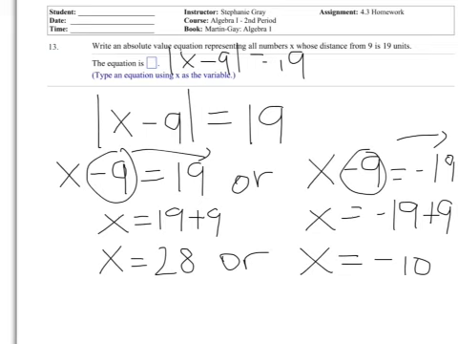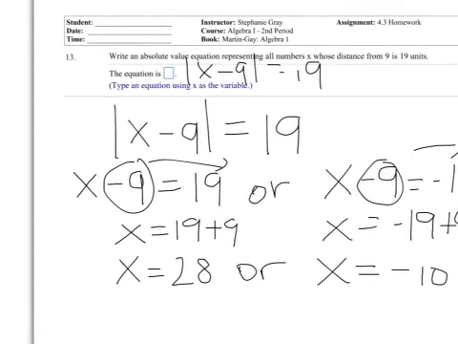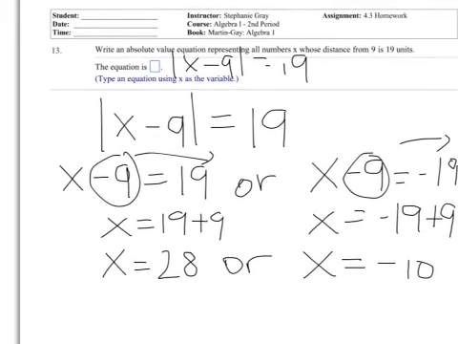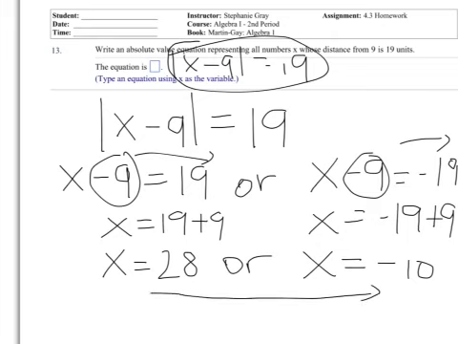Now all they want here is the equation, not really the solutions, but I kind of had to do the solutions to see if my equation made sense. You know, if you think about on a number line where the number 9 is, think about what two numbers would be 19 units away from 9.